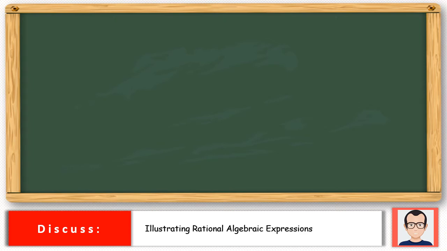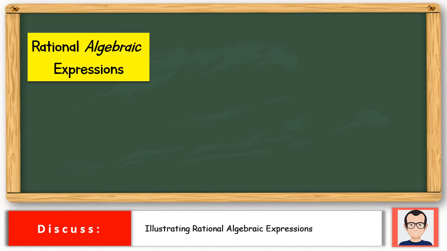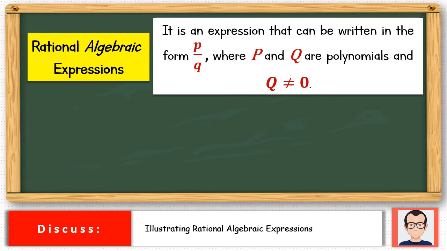A rational algebraic expression is nothing more than a fraction in which the numerator and/or the denominator are polynomials. It can also be defined as a quotient of two integers, since the corresponding variable has a value. Here are some examples of rational expressions.